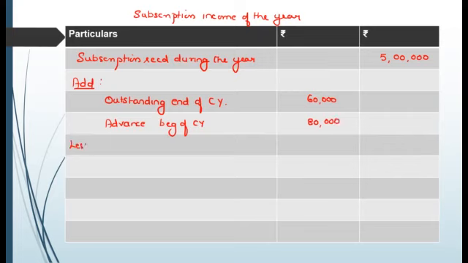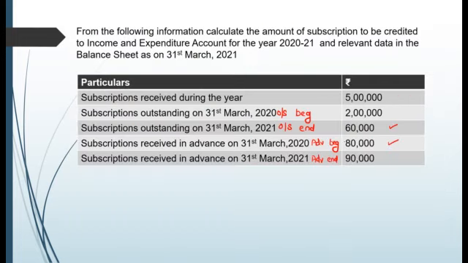Then we would subtract certain items, that is the outstanding at the beginning and advance at the end. Outstanding at the beginning would have been received in the current year but relates to previous year, and advance at the end relates to the amount related to next year that has been received now only. So both of them have to be removed.